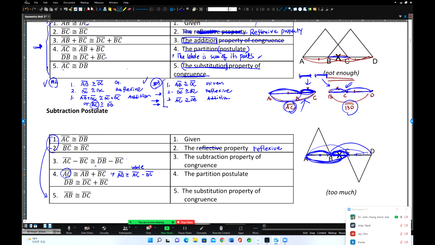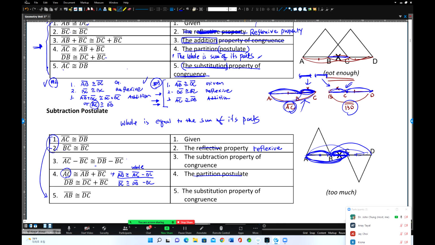This is also a partition postulate. Better use this one instead of this one. The next one is over here. DC is a part: the whole DB minus BC. This is also a partition postulate. The partition postulate says the whole is equal to the sum of each part.